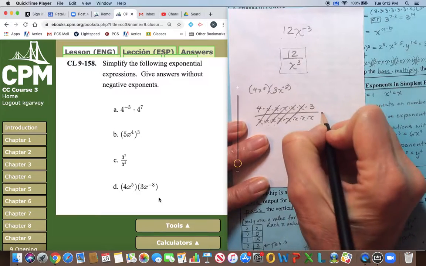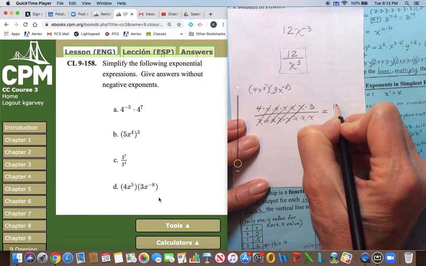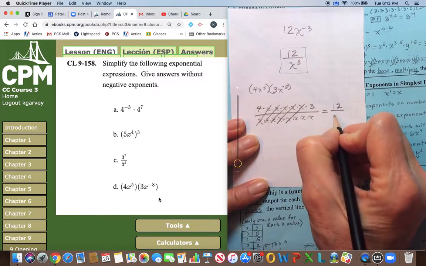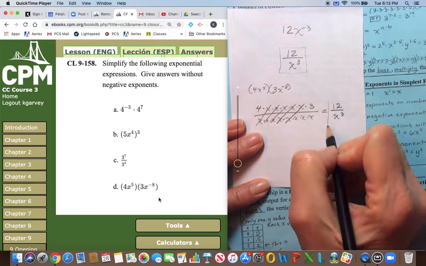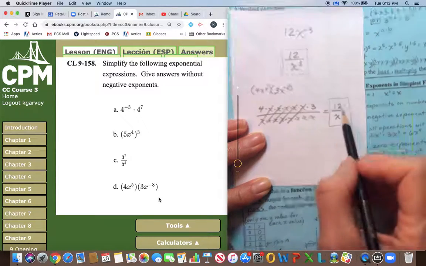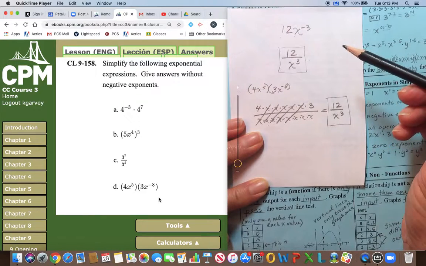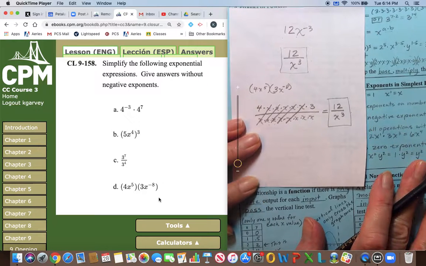What we have left in our numerator is 4 times 3, which is 12. And what we have left in our denominator is x to the 3rd power. So that's how we get the answer factoring, and that matches up with what we got when we were using the exponent shortcuts that we have on our handy dandy math toolkit.